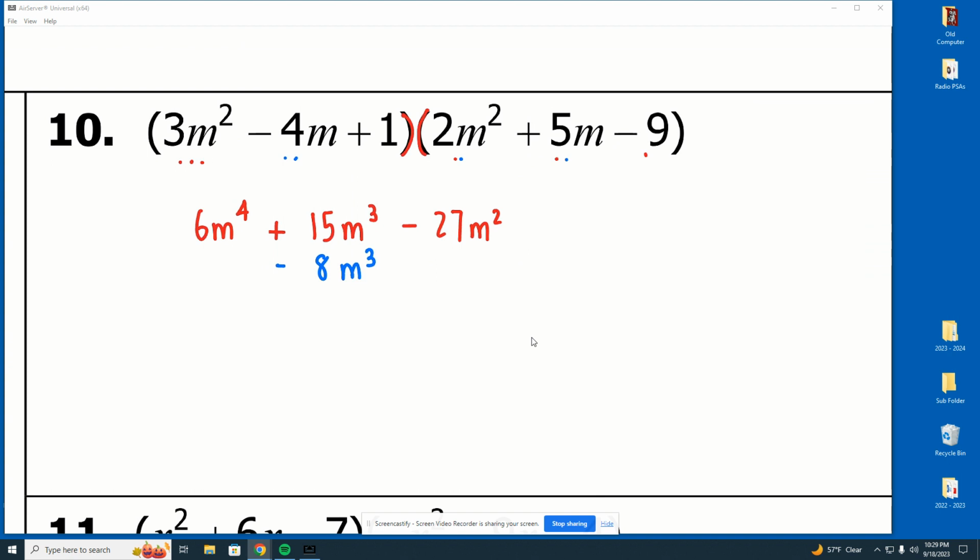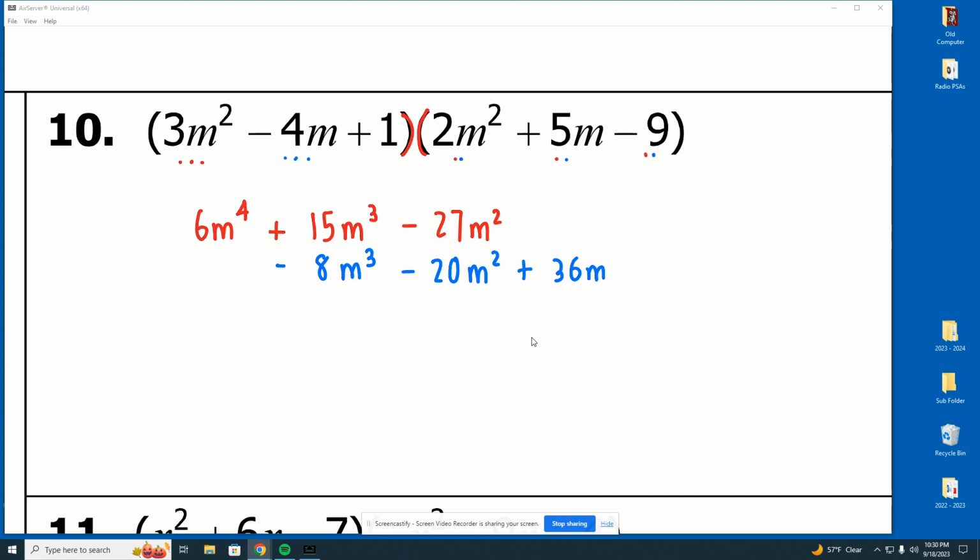Negative 4 times positive 5 is negative 20, and m times m is m squared. So negative 20m squared comes right down underneath that negative 27m squared. And lastly, negative 4m times negative 9. Think about that. Negative times negative will become positive. 4 times 9 is 36, and m times no variable is simply m.